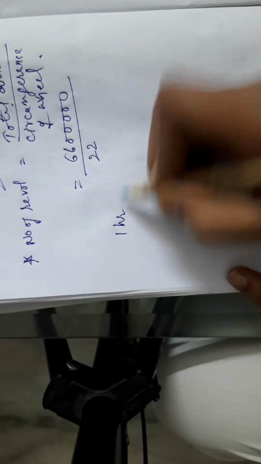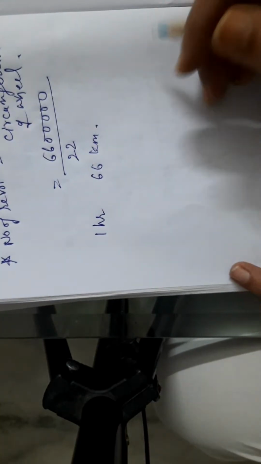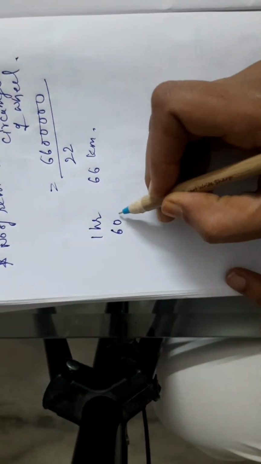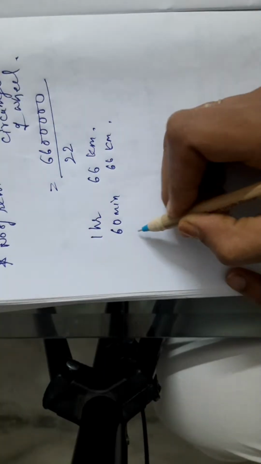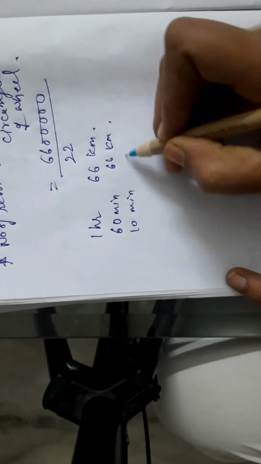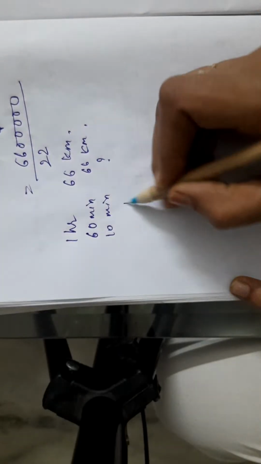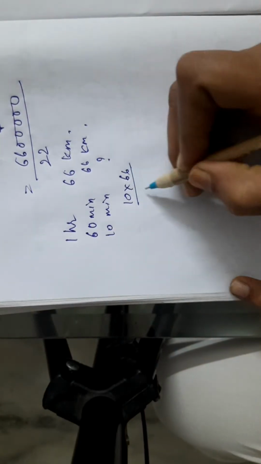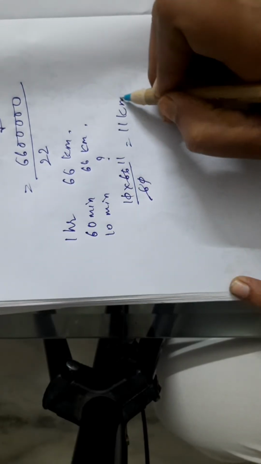In one hour, 66 kilometer speed is given. 1 hour is 60 minutes. In 60 minutes it travels 66 kilometer. So in 10 minutes, what is the distance covered by the car? Cross multiplication, 10 multiplied by 66 upon 60. So it will cover 11 kilometers.